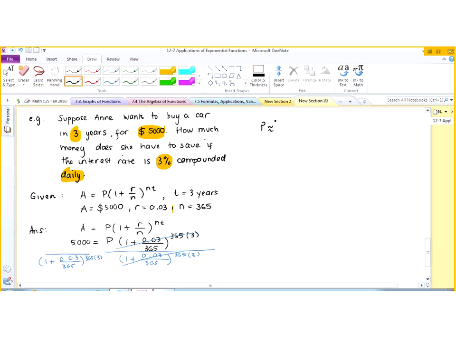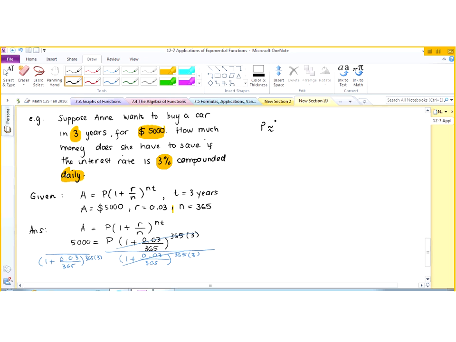So 5,000 divided by, open parentheses, 1 plus 0.03 divided by 365, close parentheses, raised to, what is 365 times 3? Raised to the, open parentheses, 365 times 3.